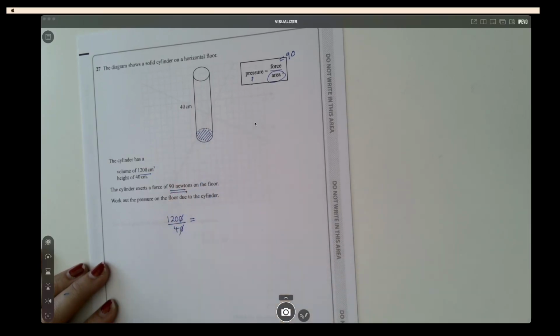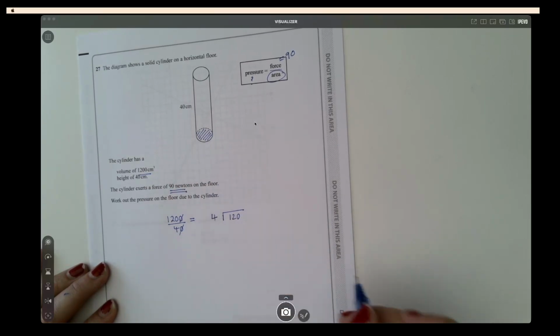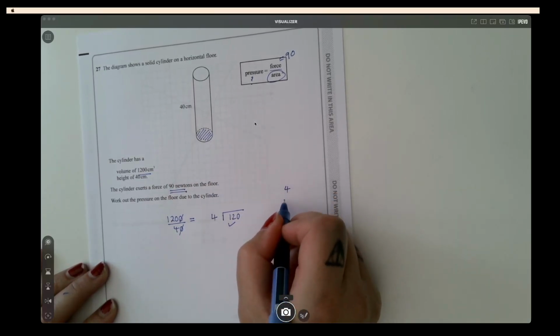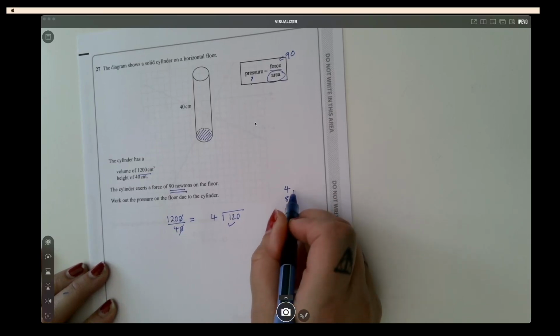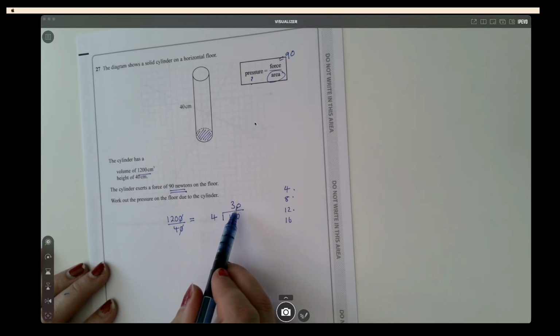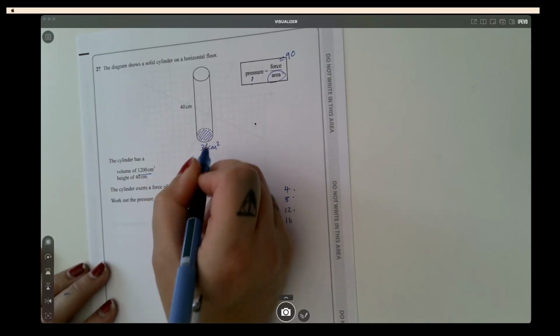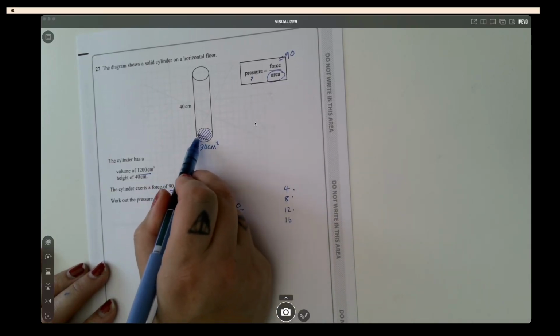So I can divide top and bottom by 10, so then I'm doing 120 divided by 4. 4's into 12. 4, 8, 12. 1, 2, 3. No remainder. So 30 centimetres squared is the area of that circle there.